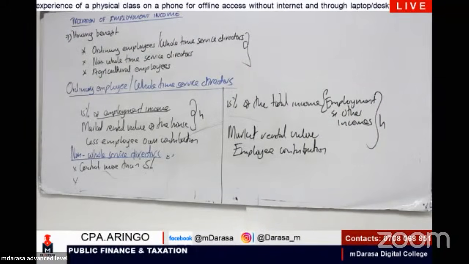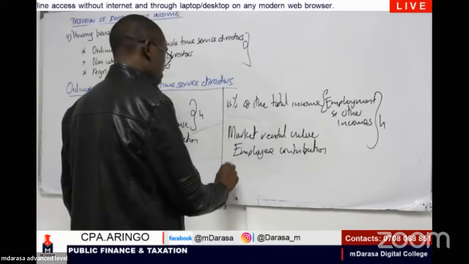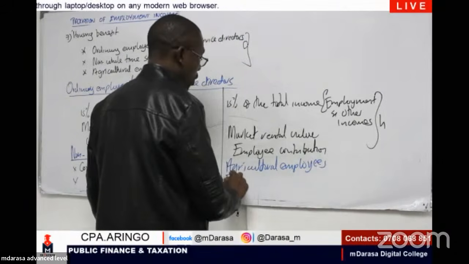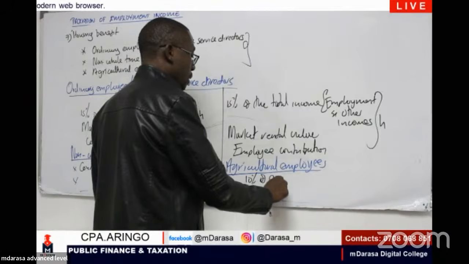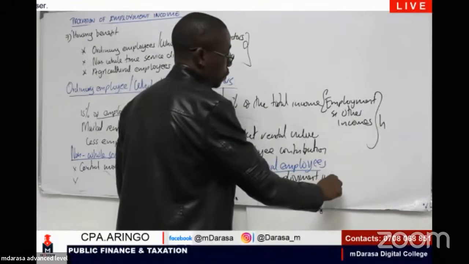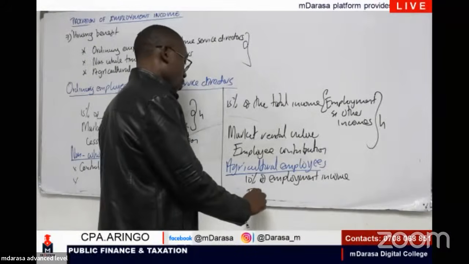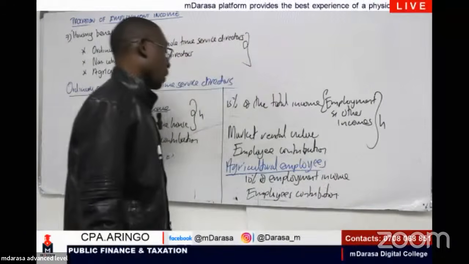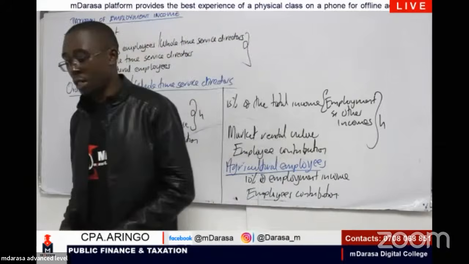In this case, the housing benefit is determined by taking 10% of employment income, less the employees' contribution. That is very vital.